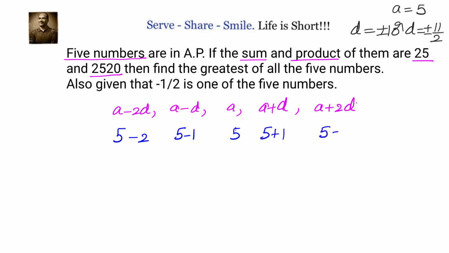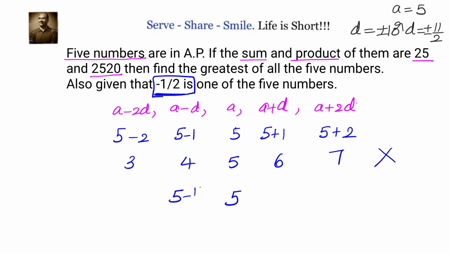If I substitute d equals 1, I am getting the numbers as 3, 4, 5, 6, 7, which will add up to 25, whose product is also 2520, but minus 1 by 2 is not one of the numbers, so that is ruled out. The other option we have is 5 minus 11, 5 minus 11 by 2, 5, 5 plus 11 by 2, 5 plus 11.